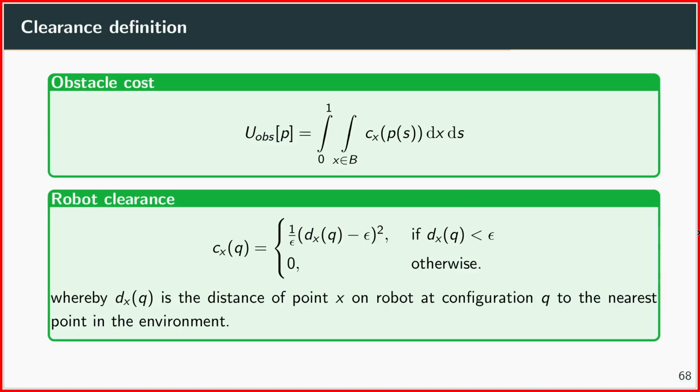Very often we choose functions where you have some kind of epsilon, so that, for example, points where you are above epsilon are not taken into account anymore, because that's a certain clearance you are away from the environment, and then you don't care anymore about being close.